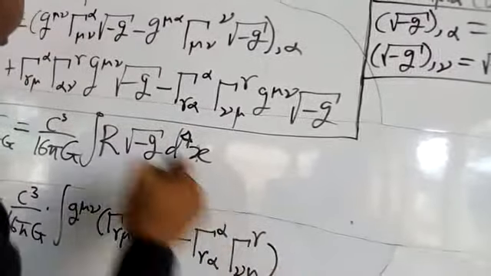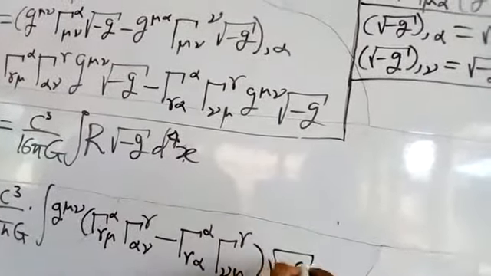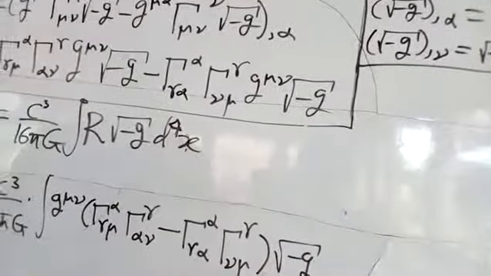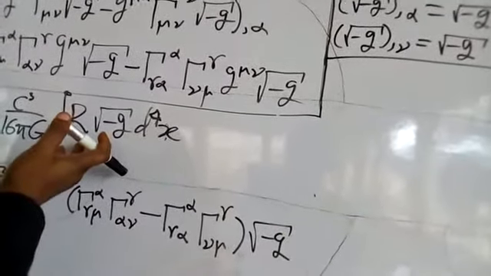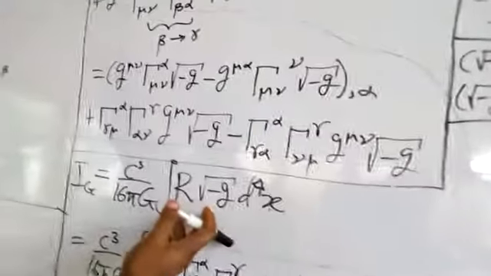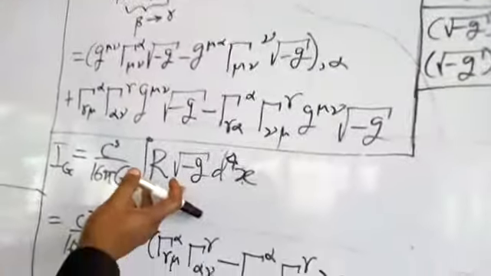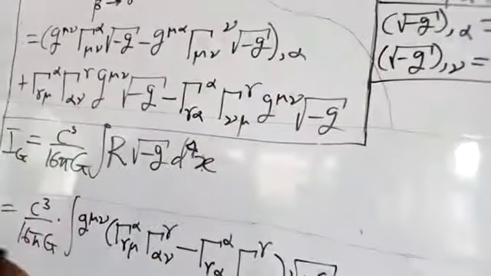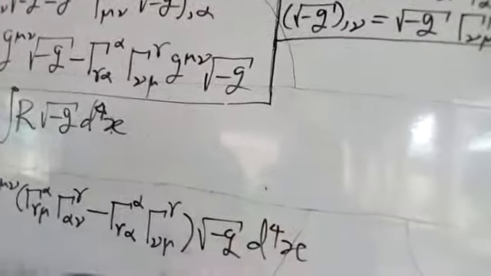Remember everything we obtain is the expression for that, so avoid the confusion of saying multiplied again by square root of minus g. Minus g has already been infiltrated in our expression right from the onset, so this is what we have.